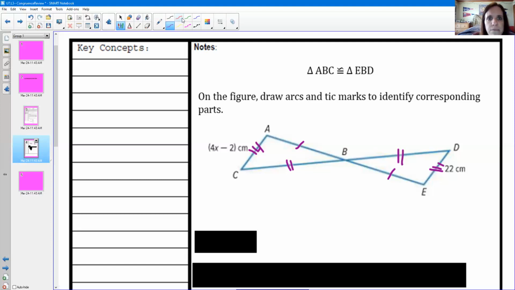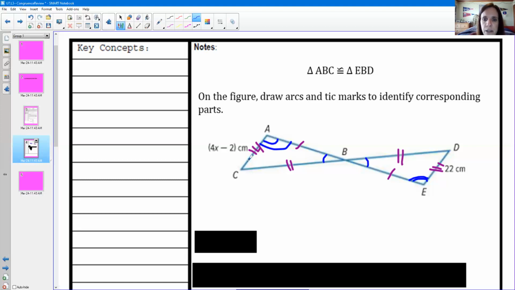Now my arcs, let me use a different color. Both these triangles have an angle B, so those are congruent. Angle A, we'll put 2 arcs in. And if we do that rotation on point B, where does angle A end up? On angle E here. It's like we turned it upside down.